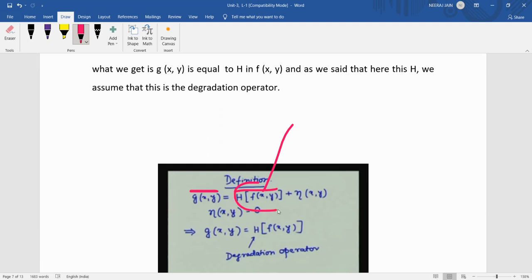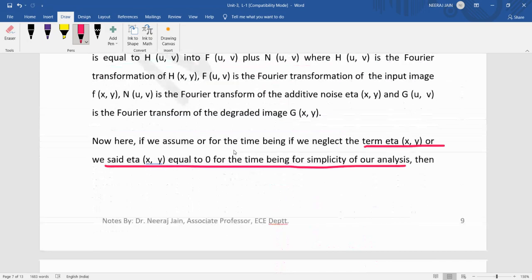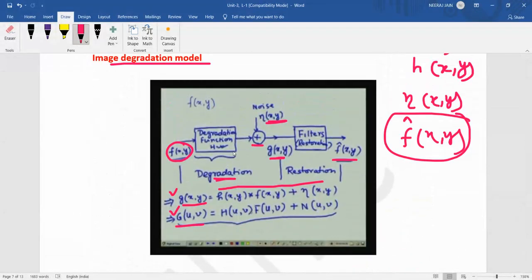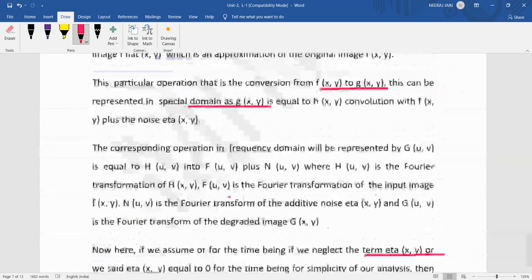This term comes in place of g(x,y), and this term comes in place of f(x,y), the original image, and the degradation function is indicated by h(x,y).